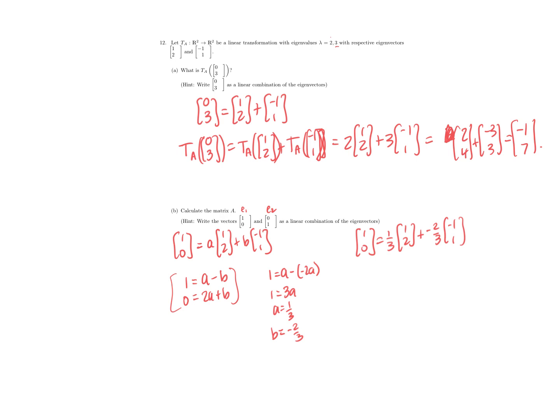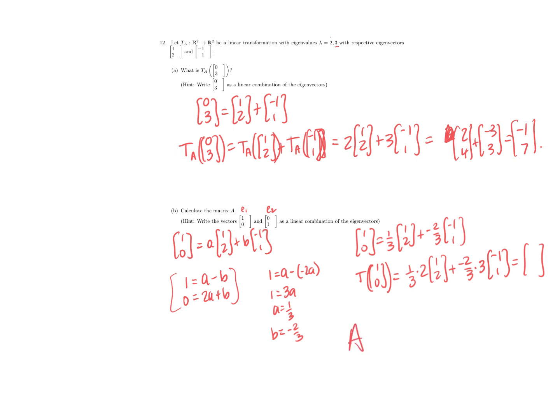Okay, and so T of (1, 0) is going to be equal to 1/3 times T of (1, 2). So T of (1, 2) will be 2 times (1, 2). And then negative 2/3 times T of (-1, 1), which is going to be 3 times (-1, 1). So you compute all that, and you get the vector that e1 goes to.